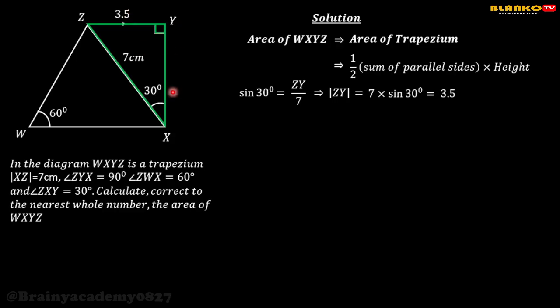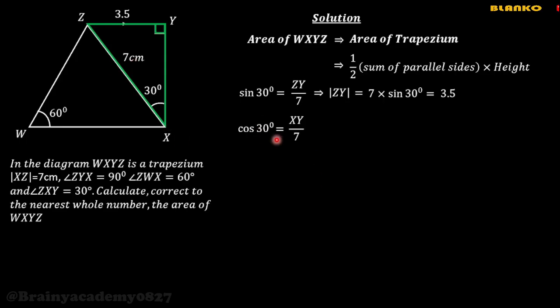Now let's calculate the length XY. Cos 30 degrees is equal to XY over 7. That is the adjacent over the hypotenuse.